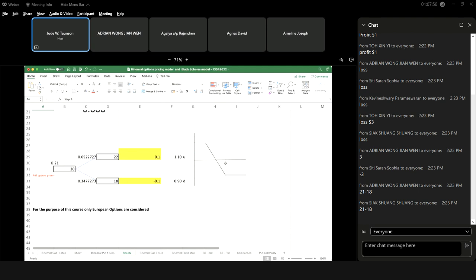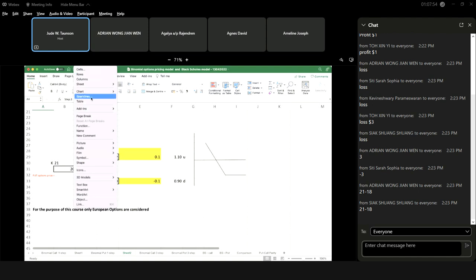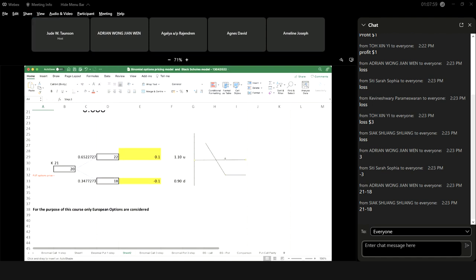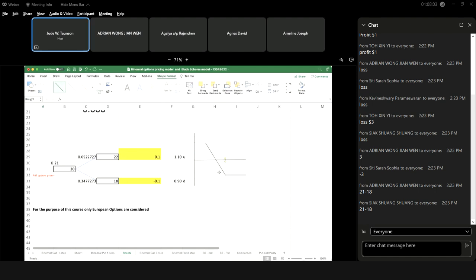Remember, this is the strike price. The strike price is somewhere here, which is equal to 21. So 3 months later, the stock price is 22.